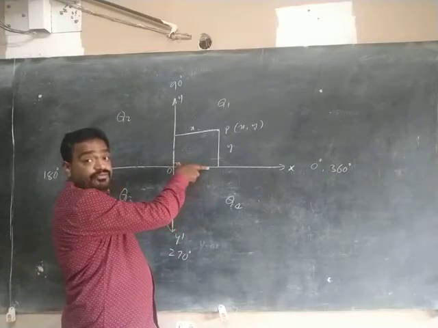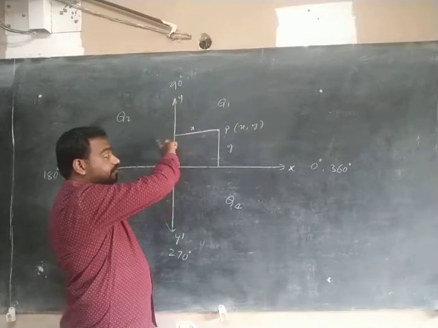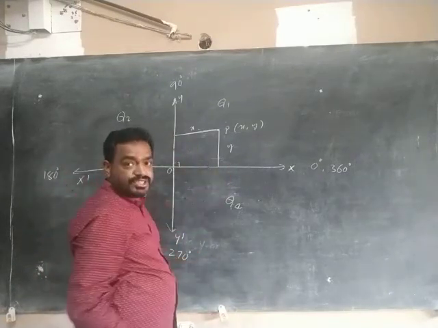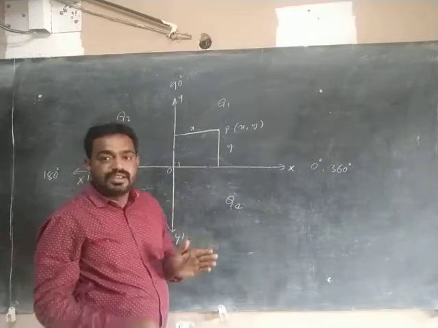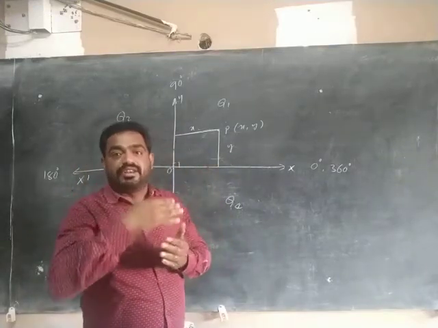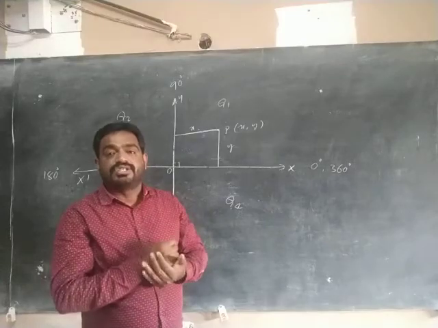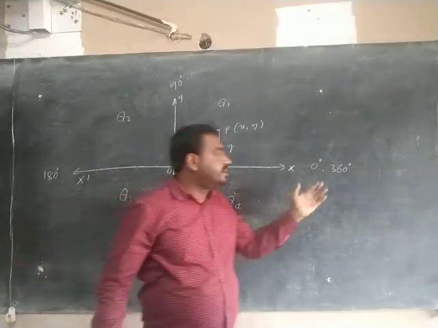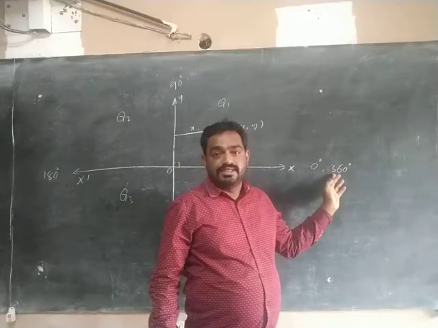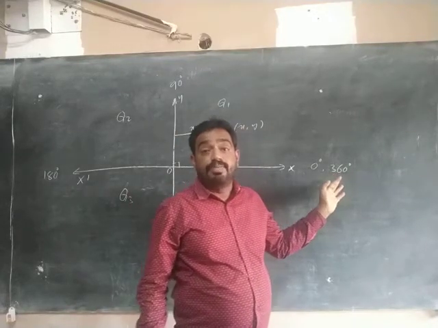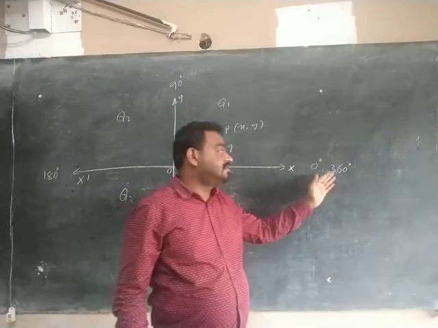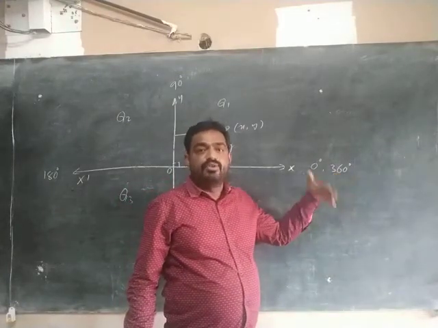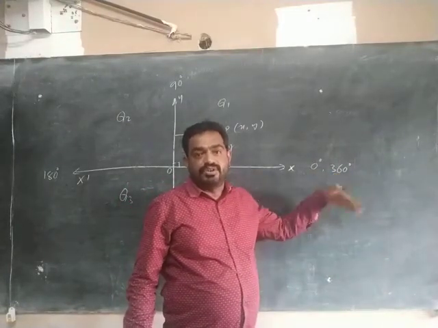Where did I start? From here I started, and I have come completely around to the same point. That means I finished one rotation. If I finish one rotation, we get 360 degrees. This is called a complete angle. One rotation is finished.